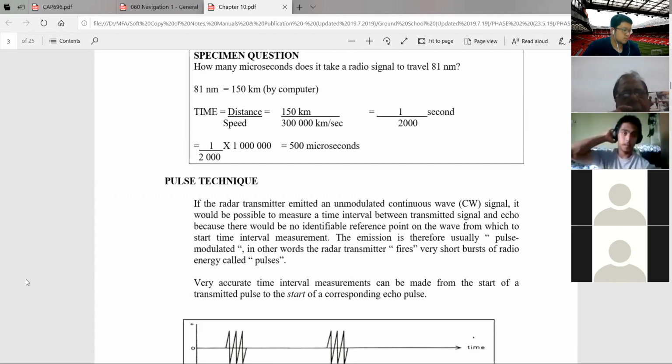Now, the most important aspect of a radar is the timing action: the time you radiate the energy and the time you receive the energy back.